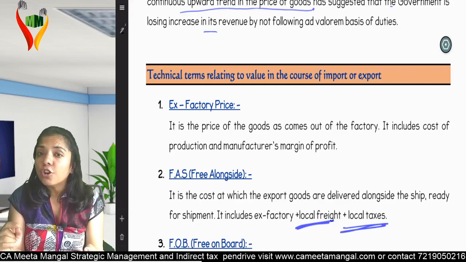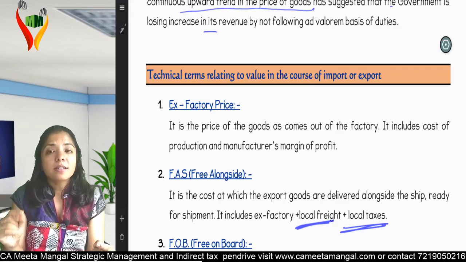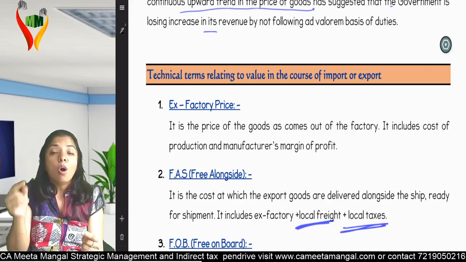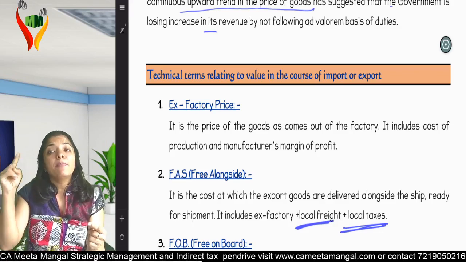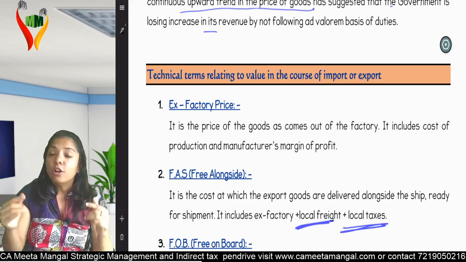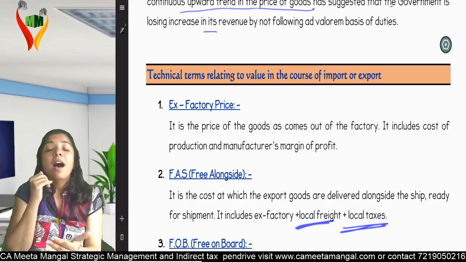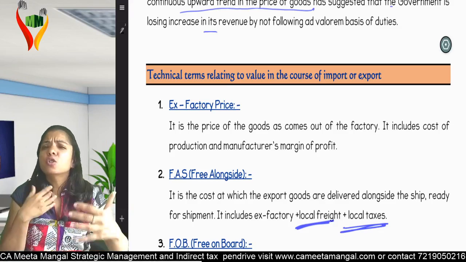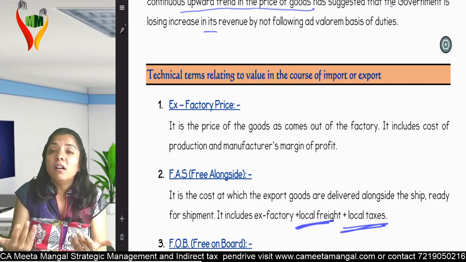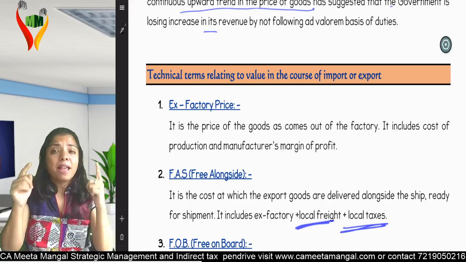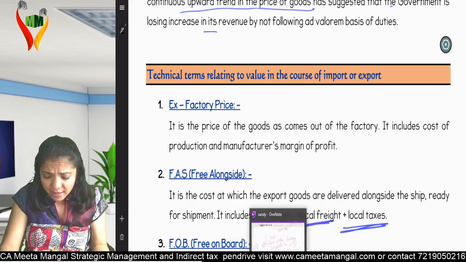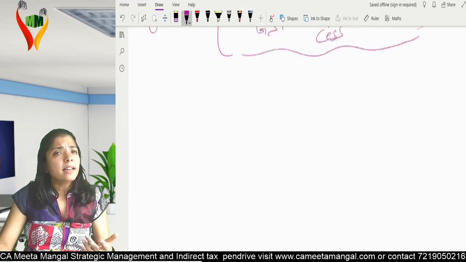Cost, insurance, freight, and this is the value on which we will be paying customs duty. So in this chapter, I need to calculate the CIF value. Students who must have studied or learned this chapter before must be having something in their mind. No ma'am, we have studied something else.